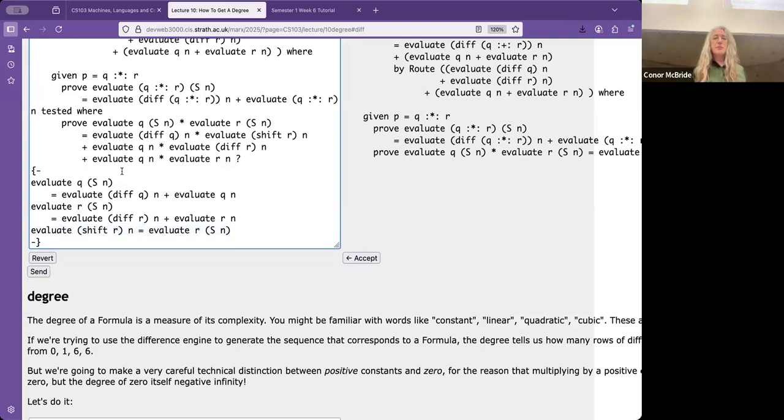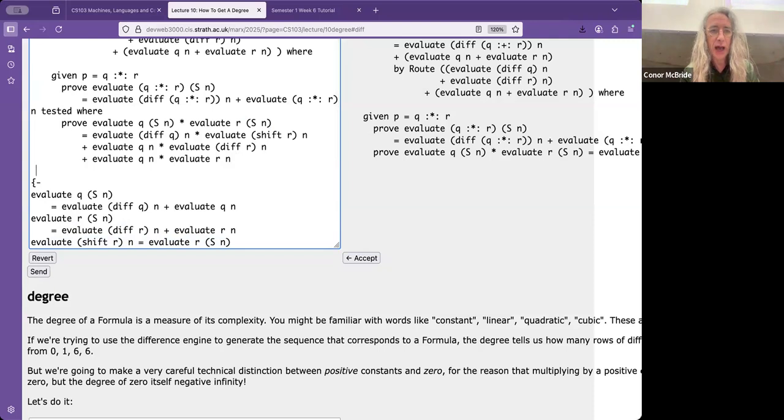Okay. But my first move is simply going to be to swap out evaluate Q of successor of n for what I know it's equal to inductively, because that I'm entitled to. So what do I do? I say by root, I write set parentheses, I pick up the entire left-hand side of the equation and I paste it into the parentheses.